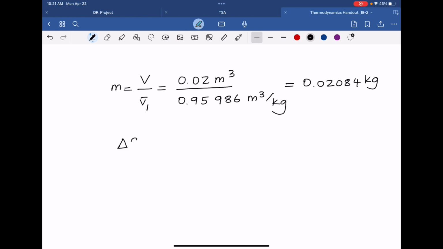Now, in order to find the entropy change of a pure substance, our system, we need to multiply this mass with the specific entropy change.